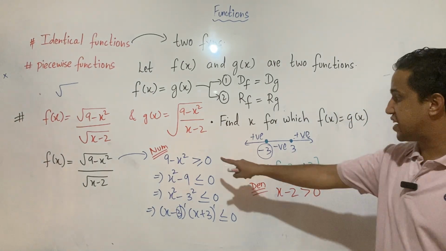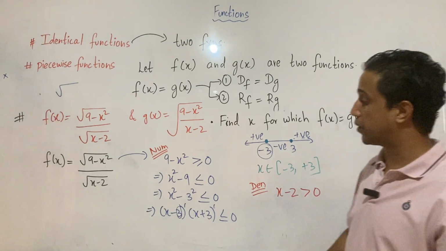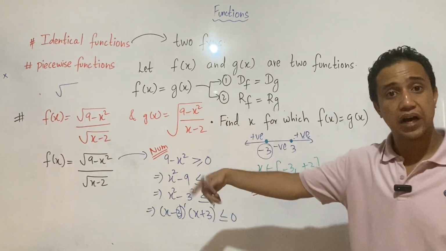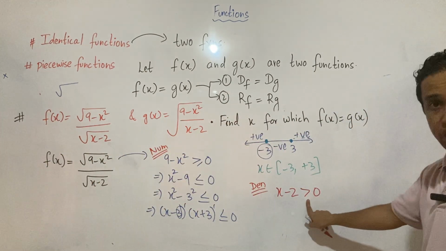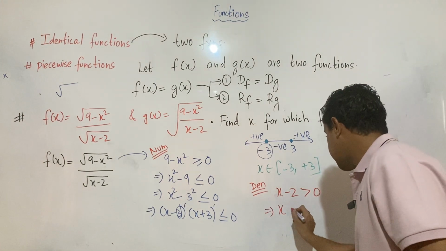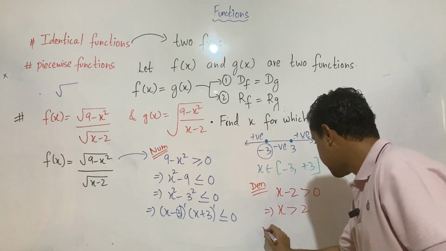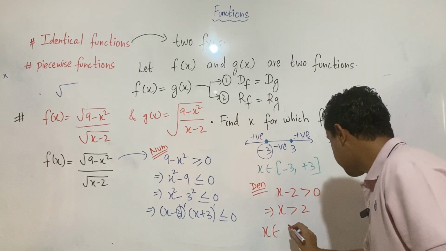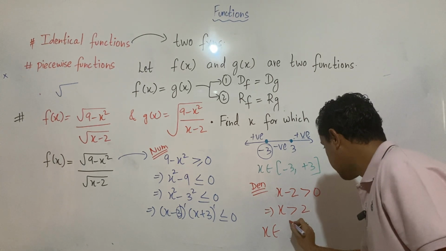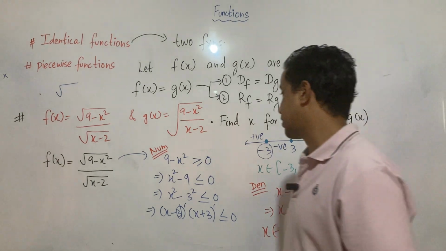Here we said greater than equal to 0, but here we cannot say greater than equal to 0, because the moment it's going to be 0, this whole function will get undefined, right? So just greater than 0. So from here, your x is going to be greater than 2. So x will belong to open 2 to plus infinity, right?